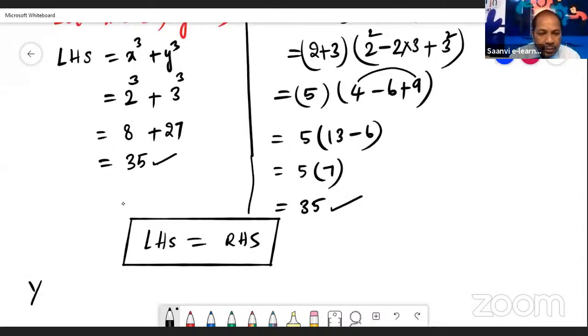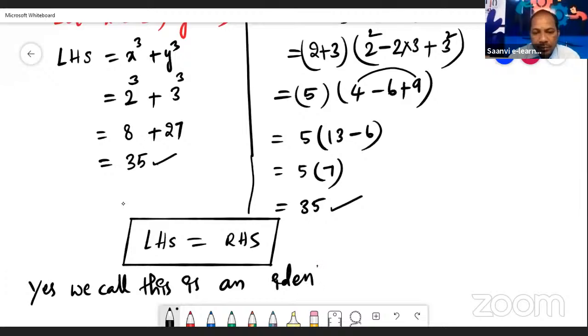So what can we conclude here? Yes, we call this an identity. In two cases, we have got LHS equal to RHS. So yes, we call this an identity.